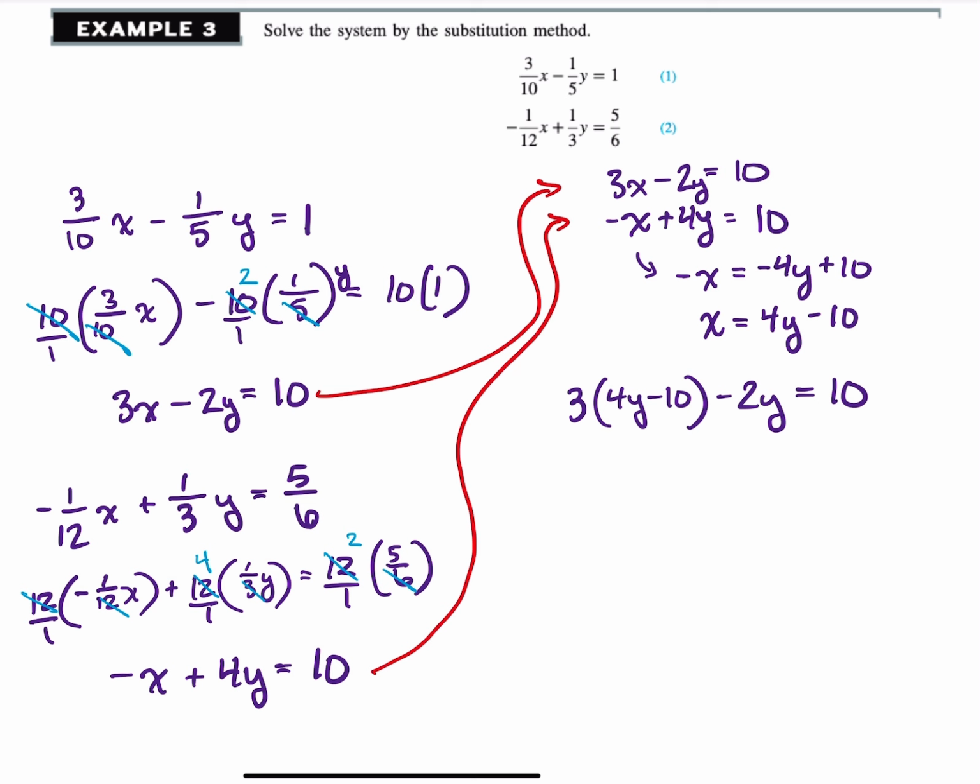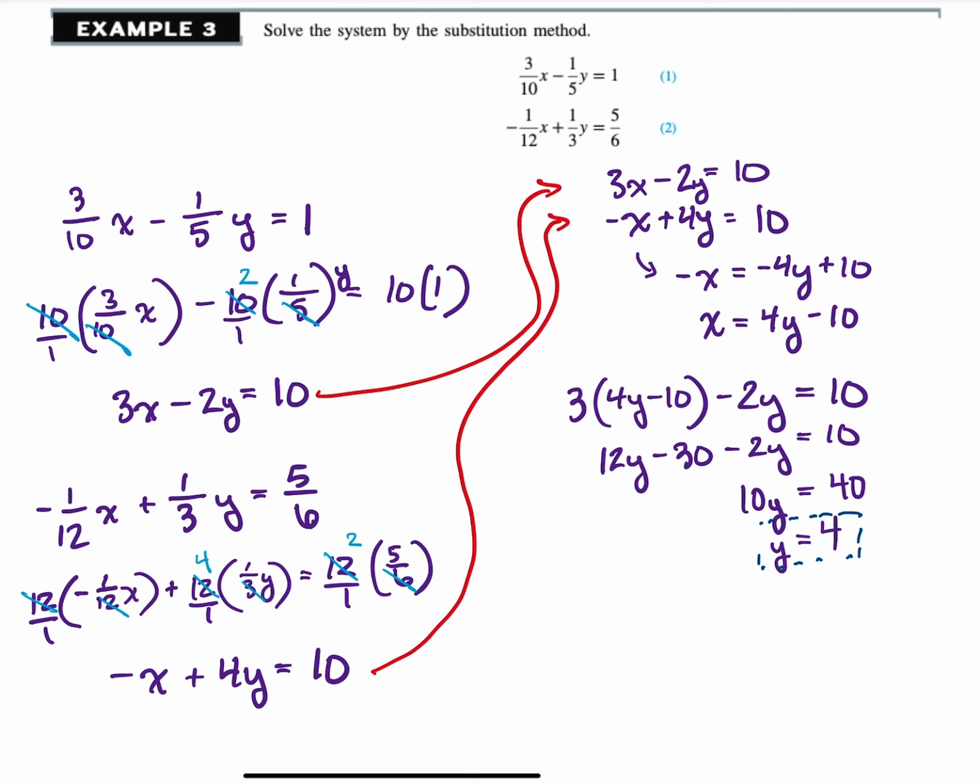That will give me 12y minus 30 minus 2y equals 10. 12y minus 2y is 10y, and then we would add that 30 over, so 10y will equal 40. And then divide both sides by 10, y should be equal to 4. So there is one part of our solution.